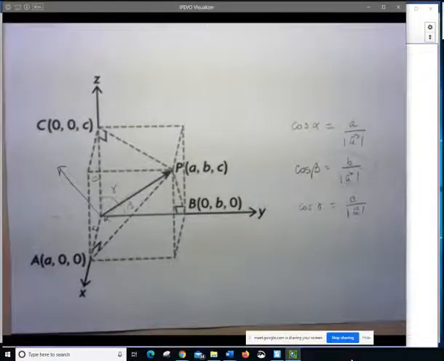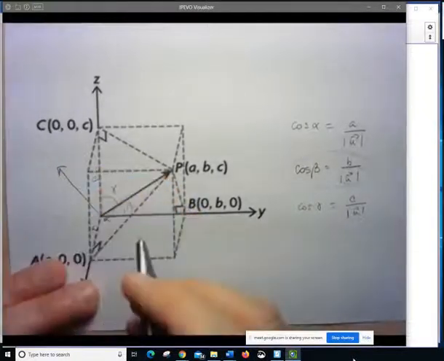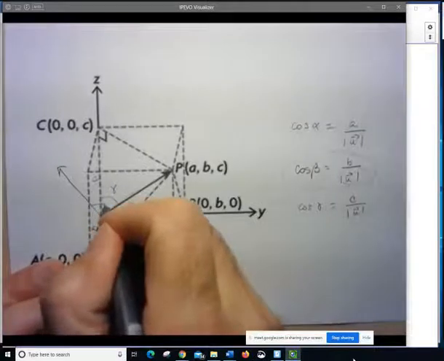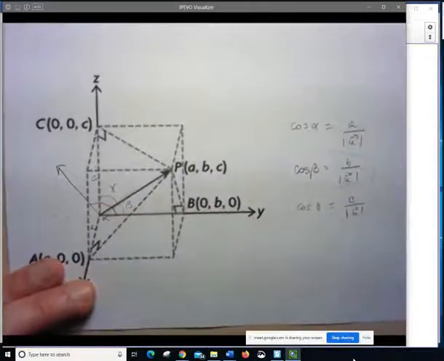There you go. You get an obtuse angle, which makes perfect sense, that if the vector is on this side, the angle to the y-axis is going to be greater than 90, okay?